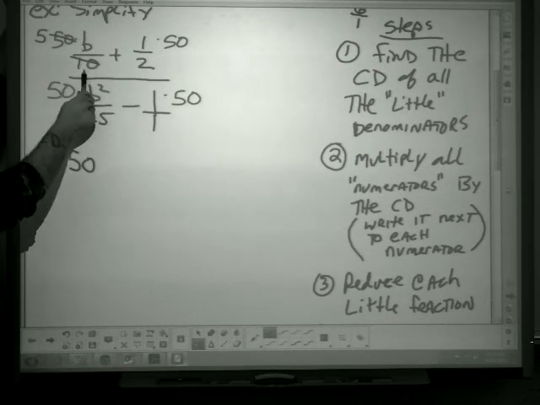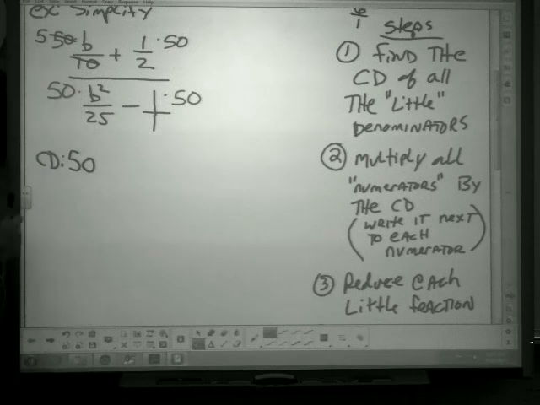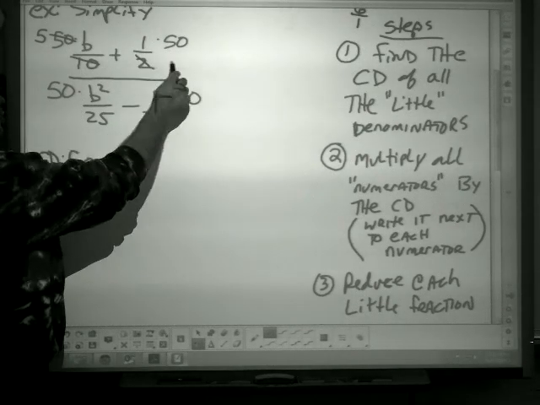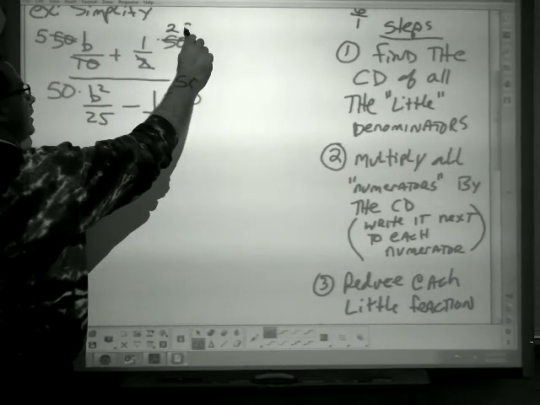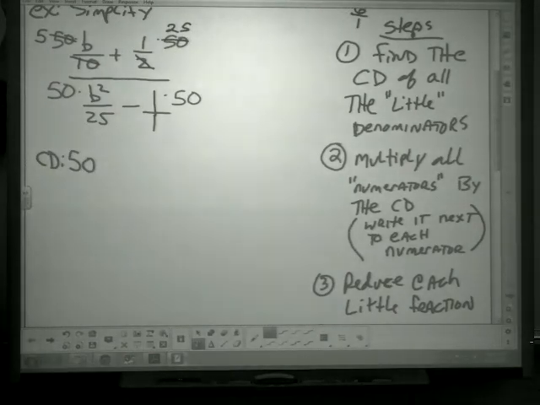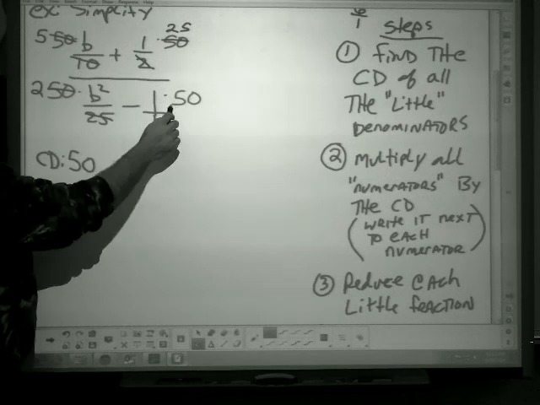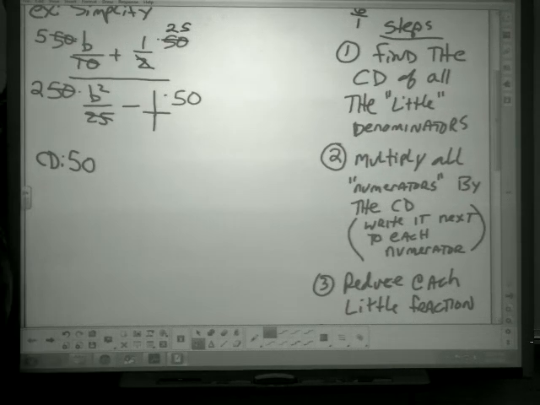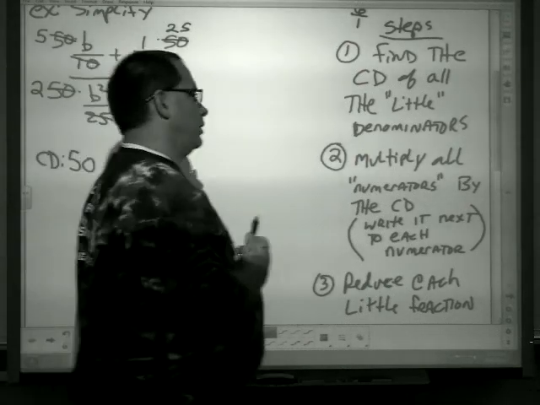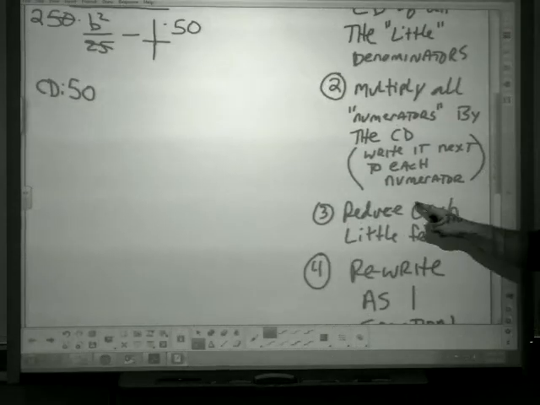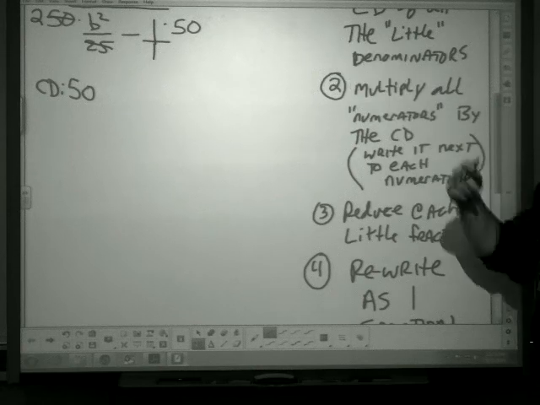If this doesn't get fully reduced, then you didn't pick a common denominator. You'd have to try again. 2 goes into 50 25 times. 25 goes into 50 twice, and 1 goes into 50, there's nothing to reduce there. So, step 3, reduce each little fraction. There, we've now reduced.